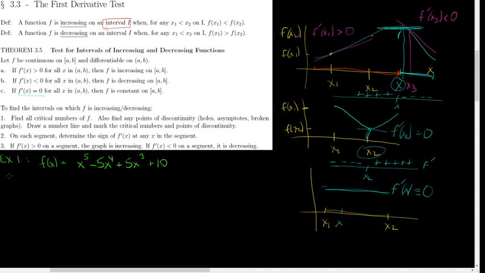And the question is to find the intervals on which the function is increasing and decreasing. So find the intervals, I'll just call it I, on which f is increasing. And then we'll do the same thing for part B, on which f is decreasing.